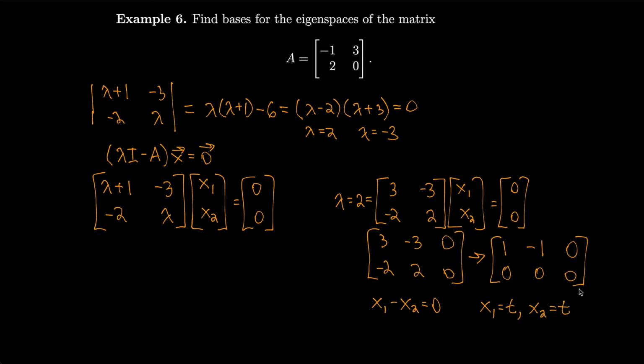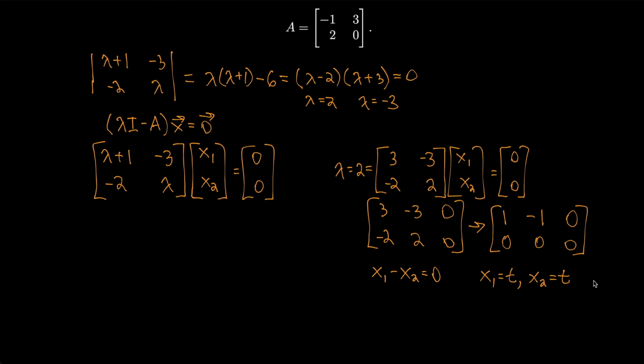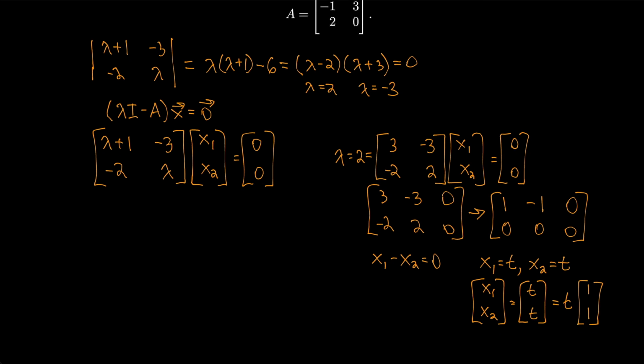Okay, so that means that we have x1, x2 equal to t, t. We could factor out the t and get t times 1, 1. So any linear combination, because any value of t will work over here, any linear combination of 1, 1 will span our eigenspace corresponding to lambda equals 2.